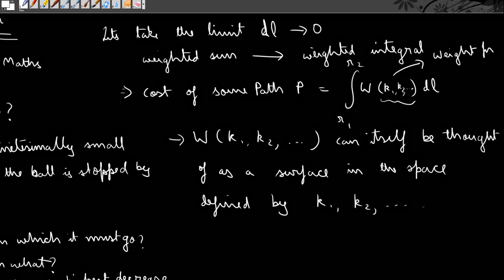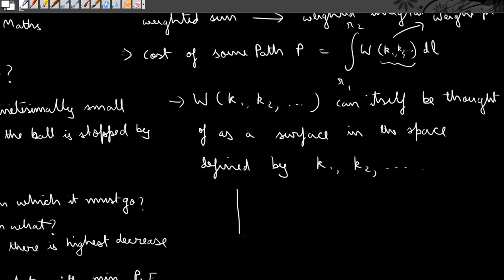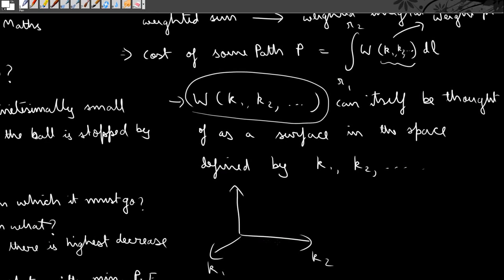So what I'm trying to say is that in some space which is dependent on k1, k2 and so on, I can basically denote this function by some surface.